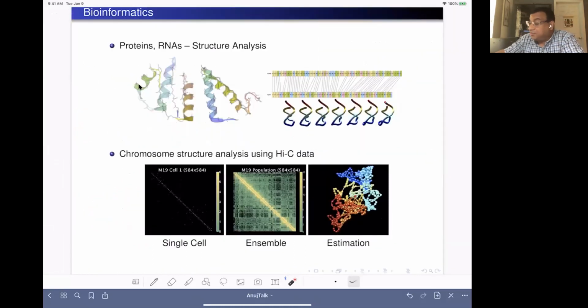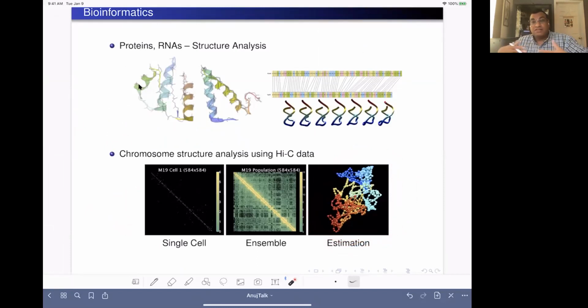I mentioned bioinformatics: proteins, shape analysis of proteins. Protein structure analysis is a very important field. But one of the more exciting newer fields is this: a lot of statisticians in the past have worked with genome data, but they mostly work with genome expression data. Now we are beginning to get data on the shapes of the genomes.